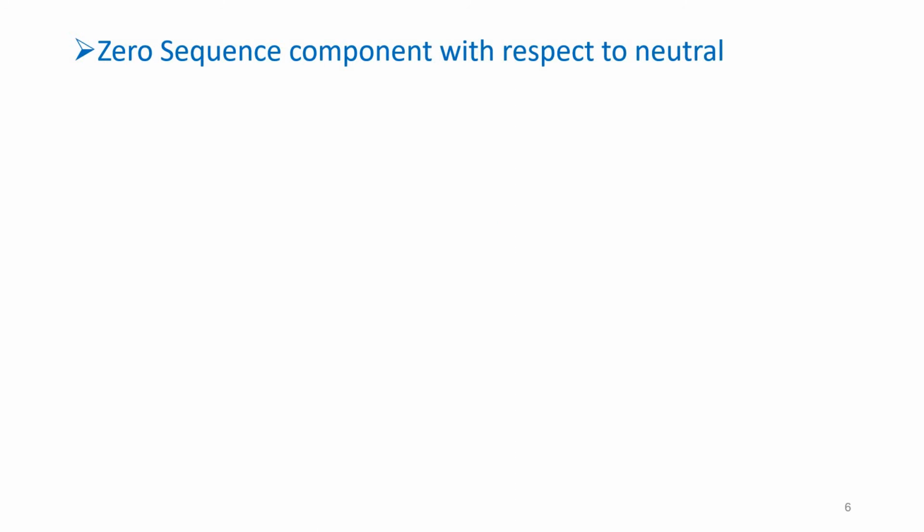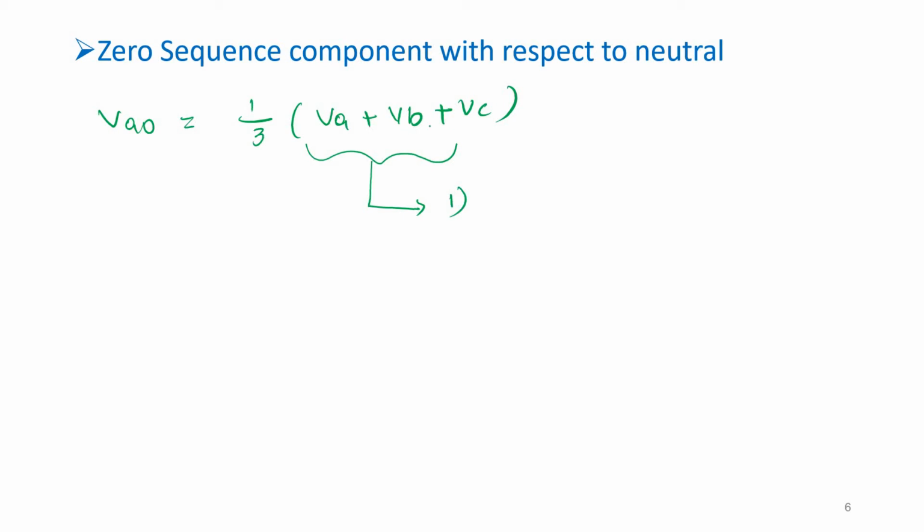Zero sequence component with respect to neutral. We know the voltage equation VA0 is equal to 1 by 3 times of VA plus VB plus VC. Now here there are two cases. First, if these voltages are phase voltages; second, if these voltages are line voltages.